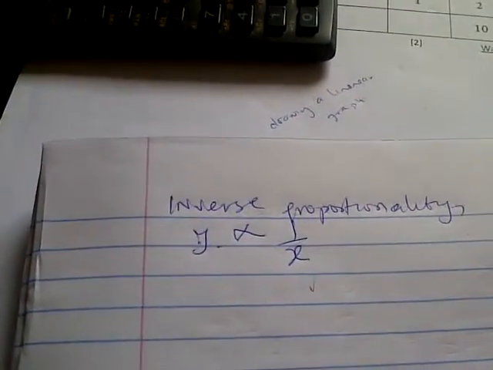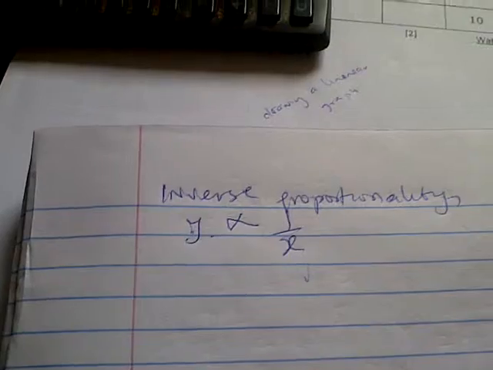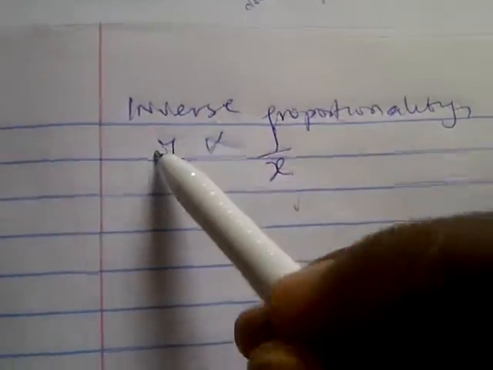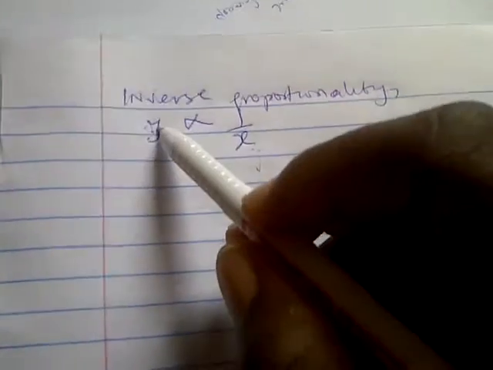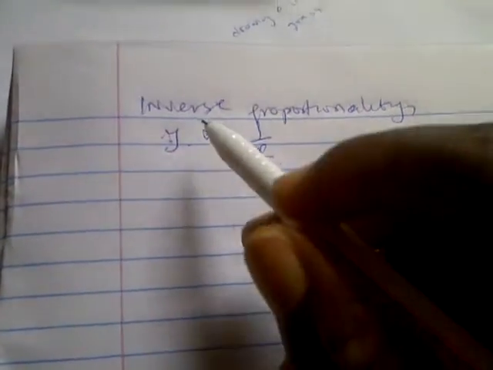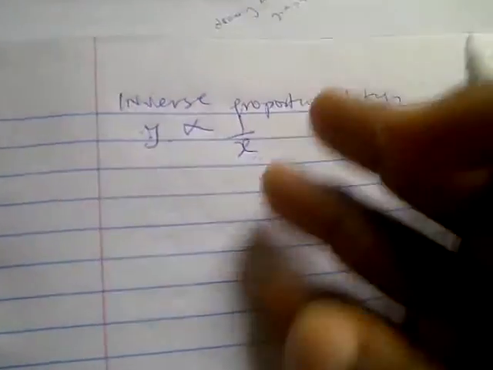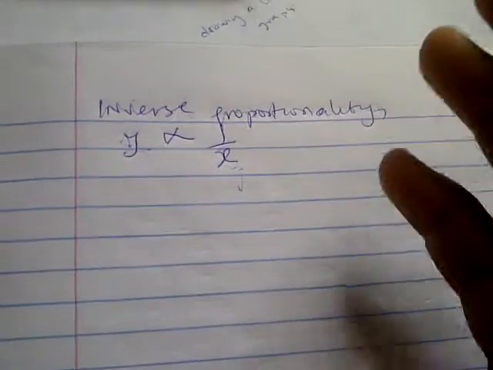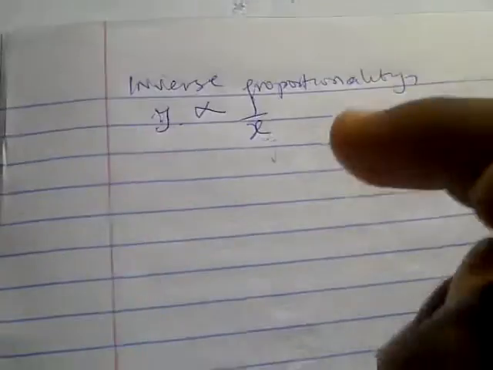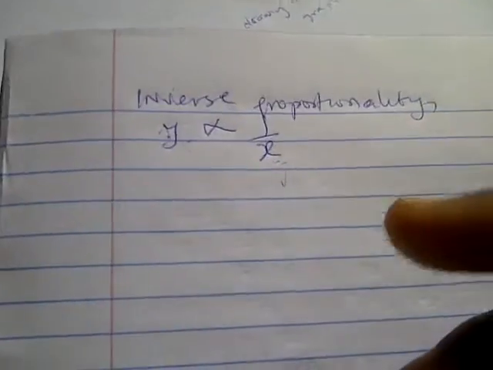If x is increasing, y will be reducing, just like that. This one is increasing, this one will be reducing. If this one is reducing, this one will be increasing. So both of them are not in a symbiotic relationship. They are not in a positive relationship, it's a negative relationship. This is increasing, this is reducing, this is increasing, this is reducing, just like that.